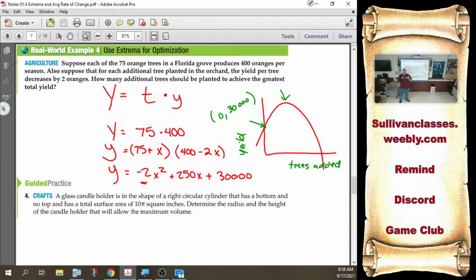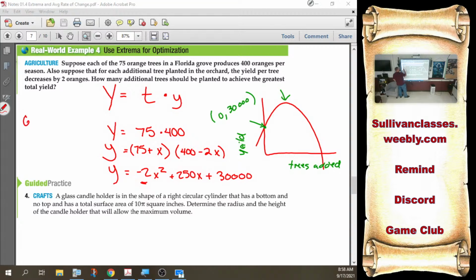Maybe I do 62 because in the real world, planting that extra tree is going to cost money. If it's the same yield, how about I spend less money? You have to qualify your answer. Okay? So I would say I'll plant 62 because less space, less money, probably.